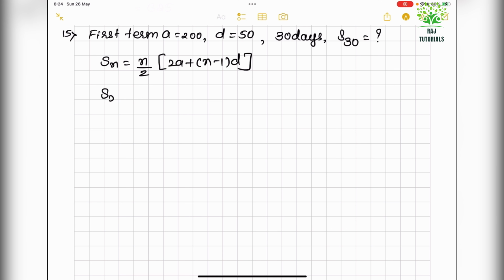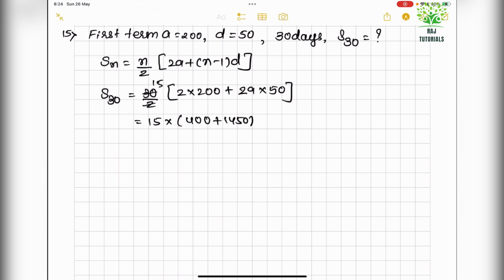So S30 will be 30 by 2, that is 15, into (2 into 200 plus (30 minus 1) into 50), that is 29 into 50. So 15 into (400 plus 1450). So 15 into 1850. So that will come to 27,750.